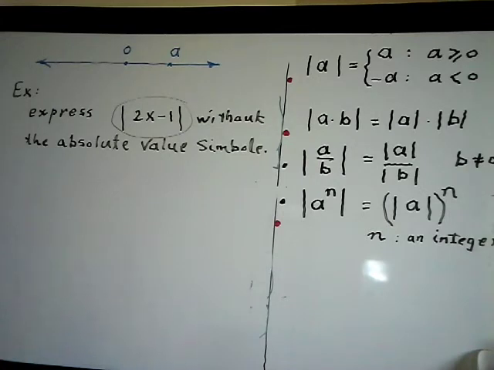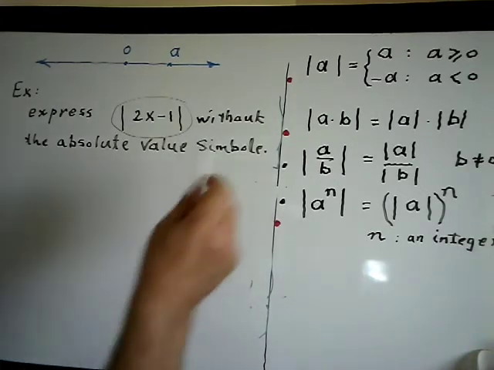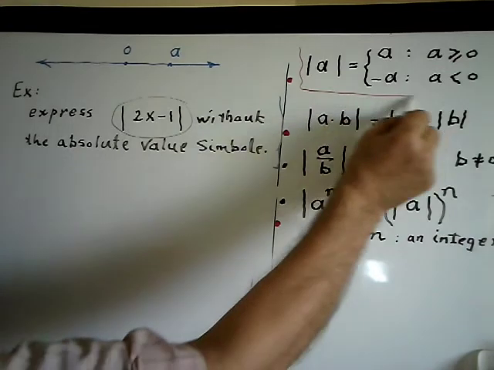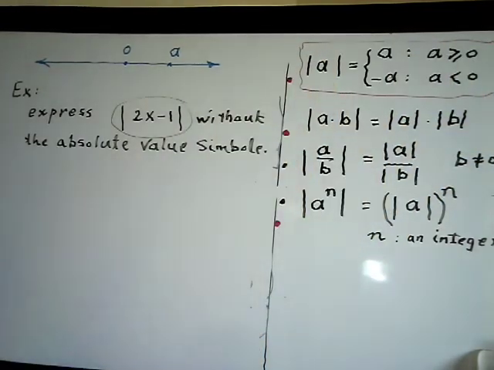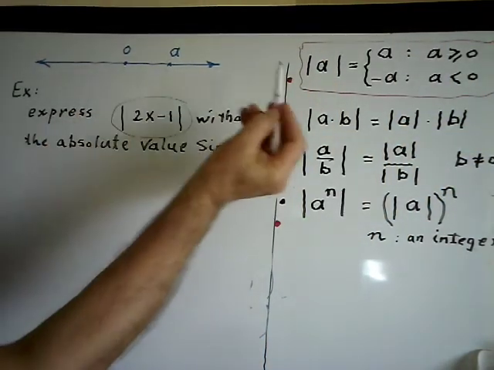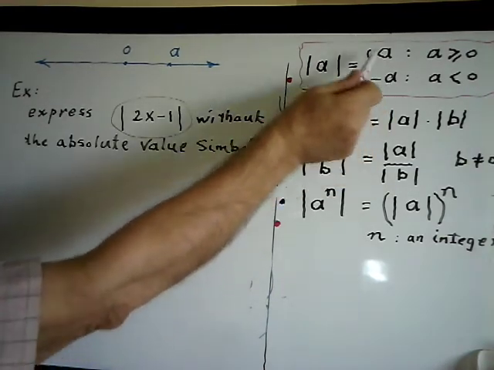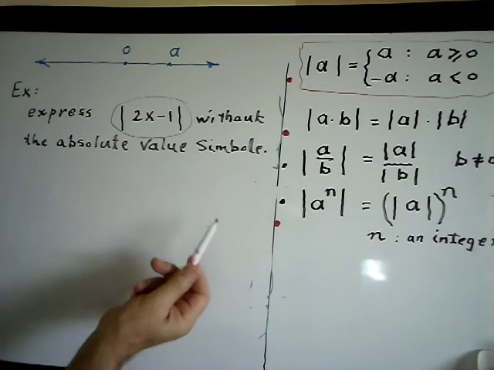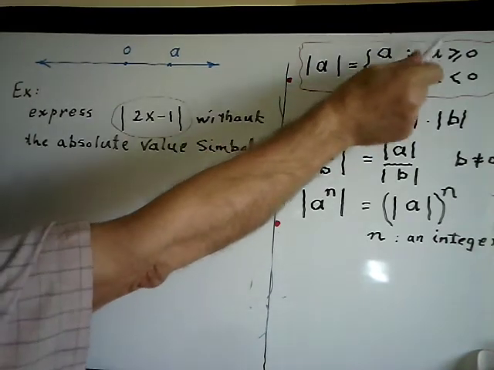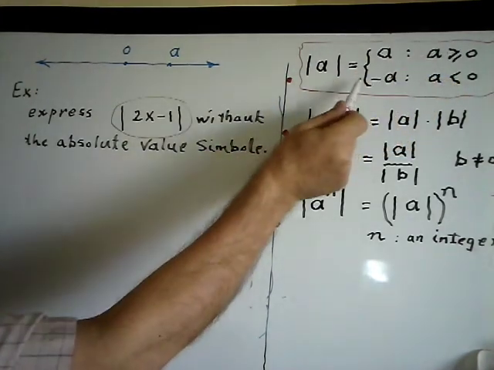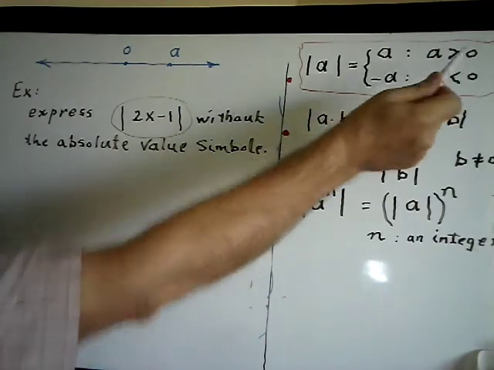So you will use the definition we wrote in the first line, as absolute value has two states: A when A is positive or is 0, or negative A when A is negative.